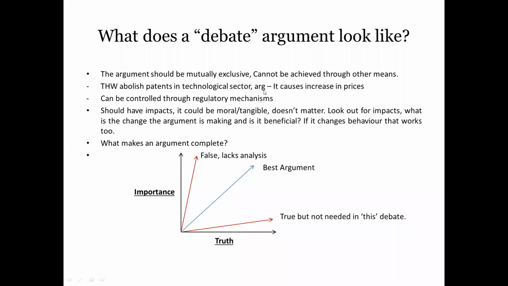Note, even though this argument in isolation or vacuum is a true argument, since this debate is talking about the perspective of a parent, this is not an argument which will fly in this debate. Because sure, you have truth on your side, which is the lower red arrow. Sure, it's true, but it's not needed in this debate. It's not where this debate will work.